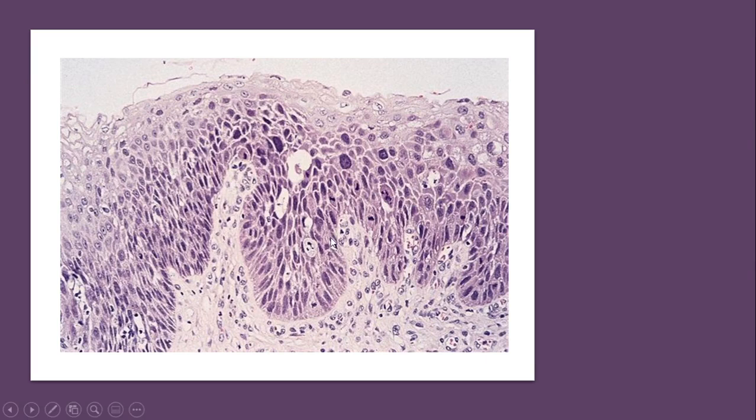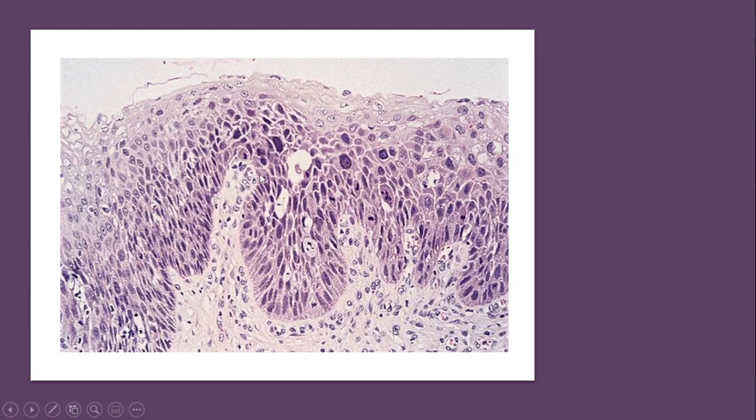Dysplastic changes or even carcinoma in situ here: pleomorphism, atypical or aberrant mitosis, increase in mitotic activity, high N/C ratio, hyperchromasia, irregular nuclear membrane. These are features of progression from low-grade dysplasia to high-grade dysplasia, carcinoma in situ.